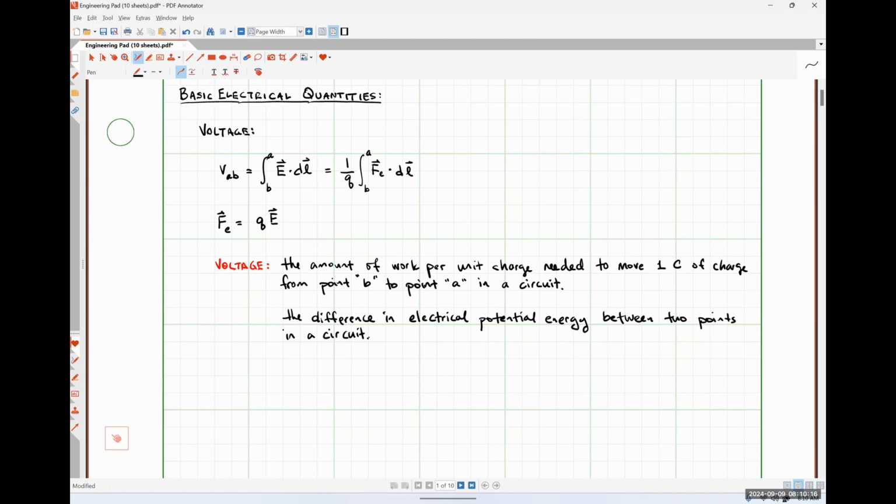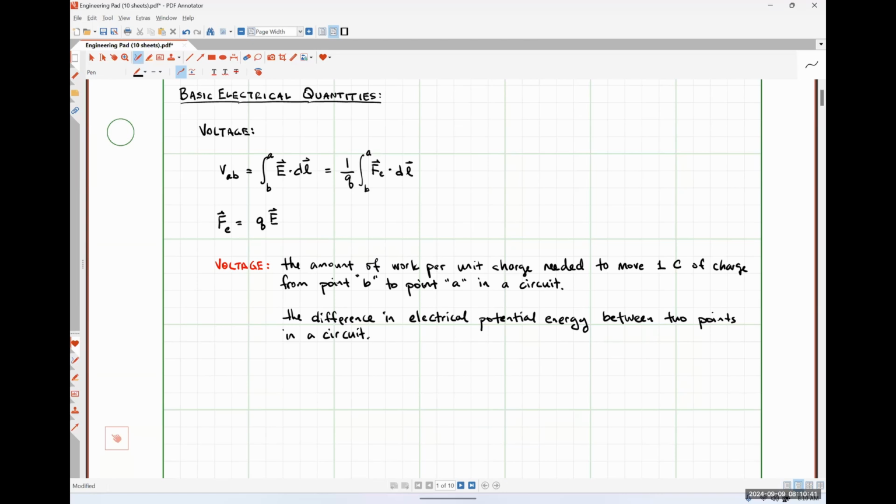Where you have done things like this is literally anytime you use your multimeter. The black lead on your multimeter is serving as your reference point, and the red lead is the high potential energy point. You're literally just measuring the difference in electrical potential energy between those two points.